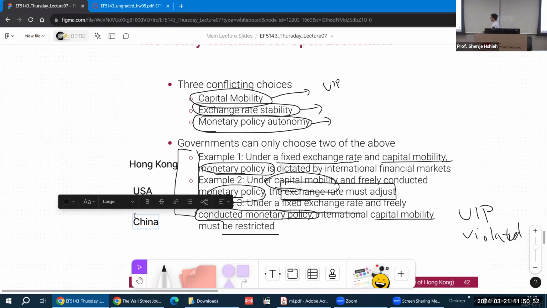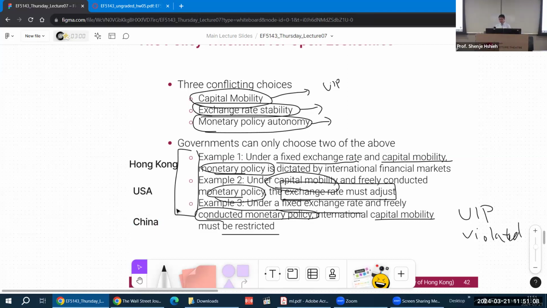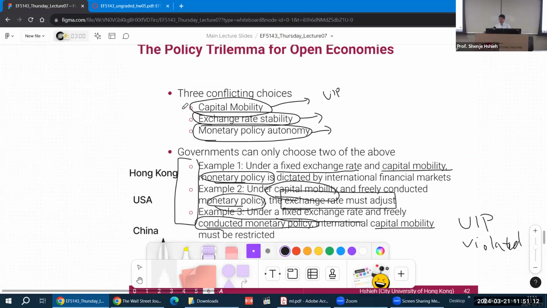It's hard to move money across borders in China. So speculators have a lot of restrictions, and it's hard to determine whether or not the Chinese yuan is fairly priced. So I'm gonna number these choices 1, 2, and 3 because we're gonna come back to it.